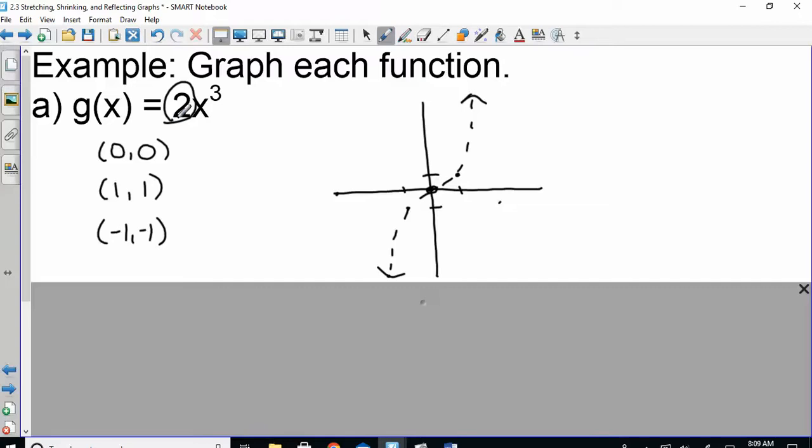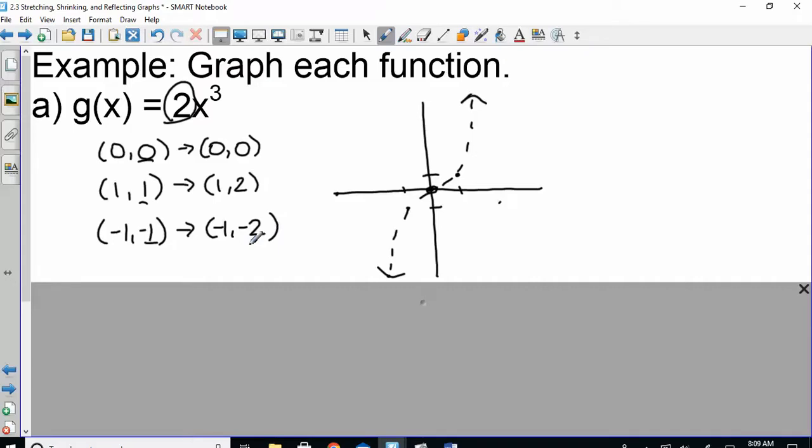So this says take it times 2. It's outside so it's y, so I take all my y's times 2. So 0 times 2 is still 0. So this would be 1 times 2 is 2. Negative 1 times 2 is negative 2. And I'm changing my y values.